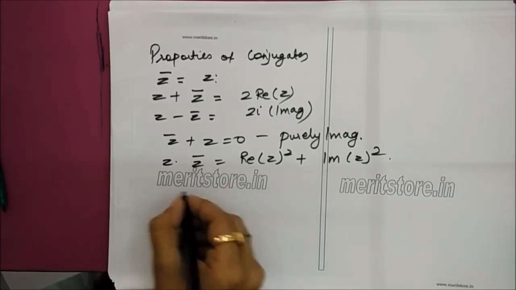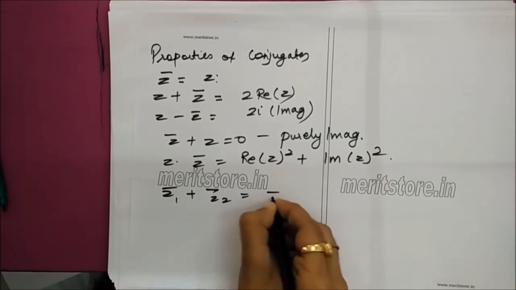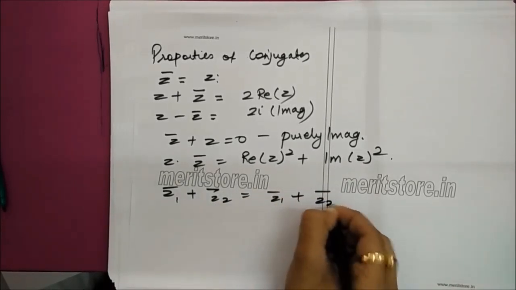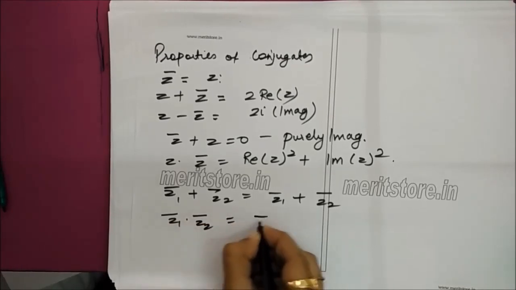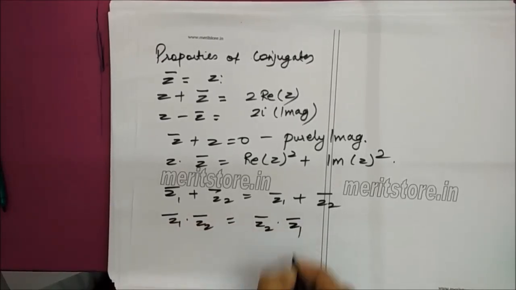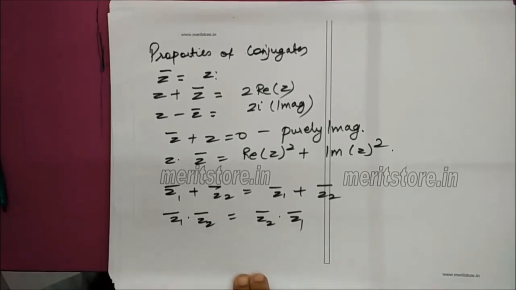When I'm taking the conjugate of a sum, I can split those two. I can multiply both of them. These are certain properties of conjugates.